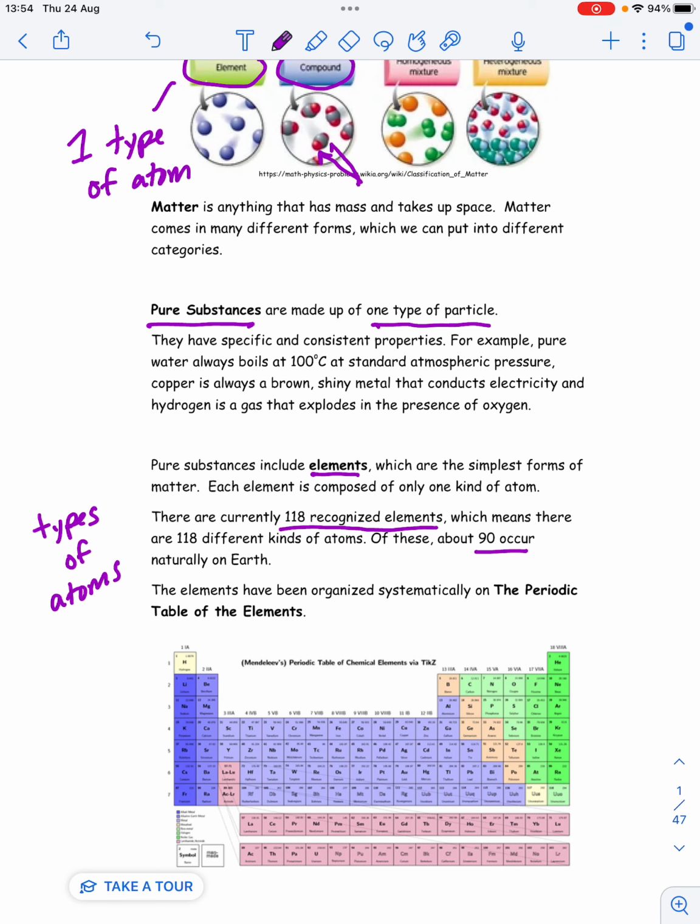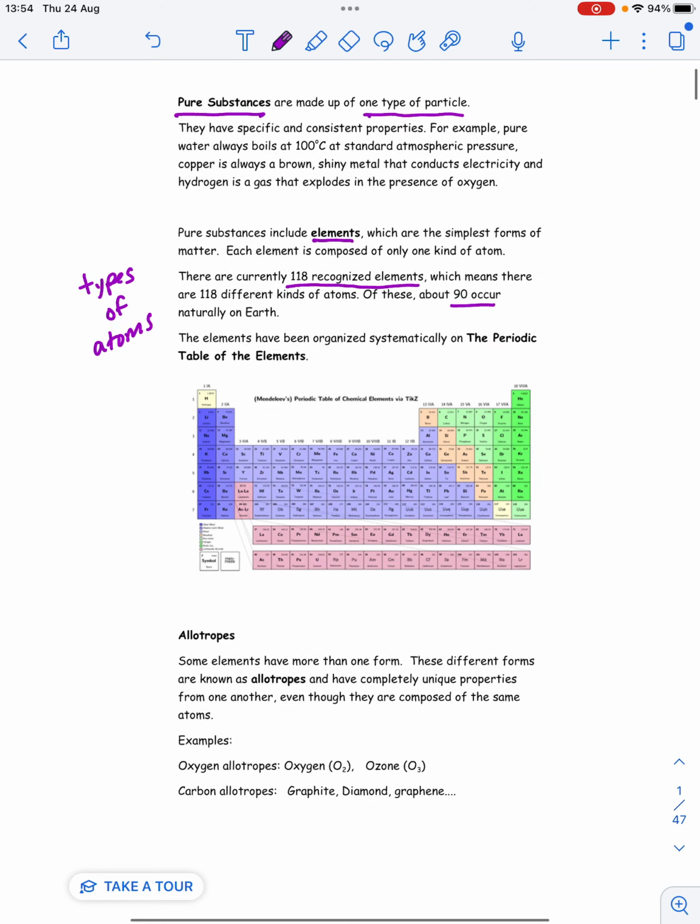You can see in this little picture, there are small gray circles and small red circles, and they seem to be connected to each other. So with compounds, you always have two or more elements combined, bonded. Okay, and so I'll get to that more, but that's the distinction. So one type of atom versus more than one type of atom for our pure substances.